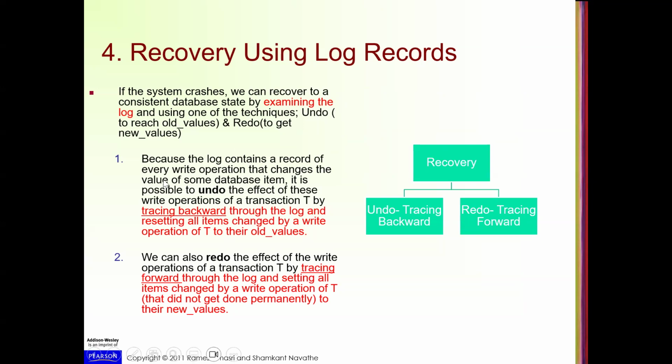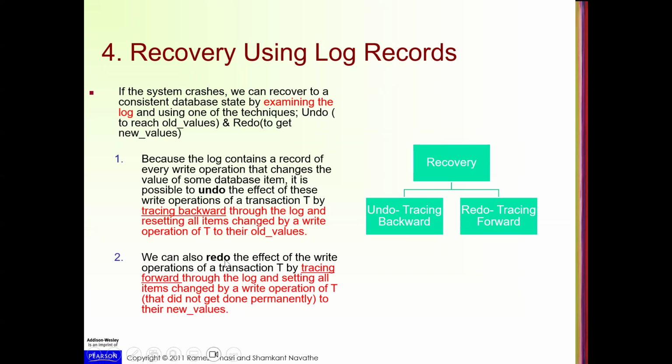Because the log contains a record of every write operation that changes the value of some data item, it is possible to undo the effects of these write operations of a transaction by tracing backward through the log and resetting all the items changed by a write operation on T to their earlier values.